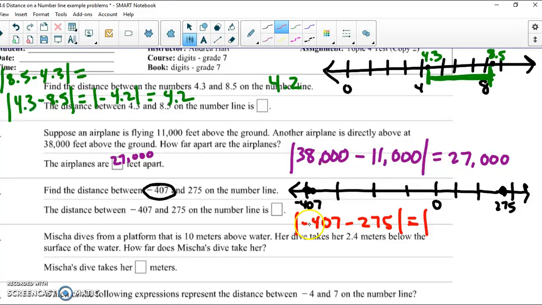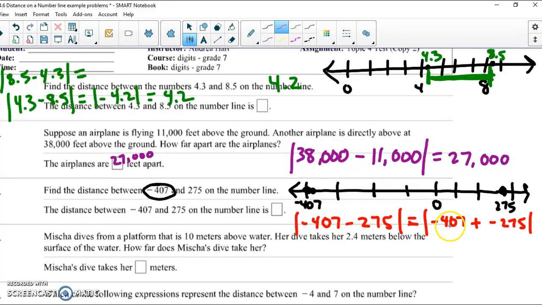So what I'm truly doing, if I use my integer rules, is I'm subtracting with a negative, so I'm going to use same, change, or add the opposite. So if I do same, change, I keep negative 407 the same, and then I change the minus to a plus, and I change 275 to negative 275.